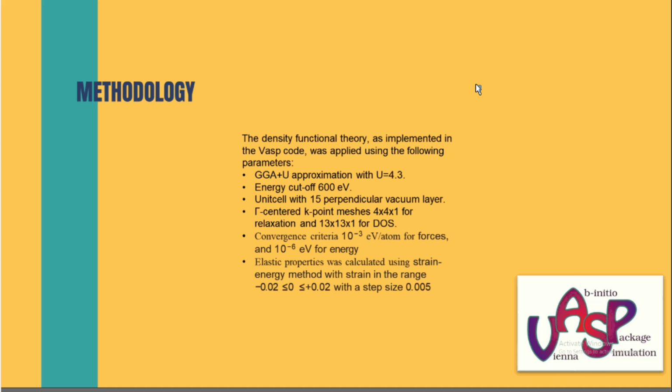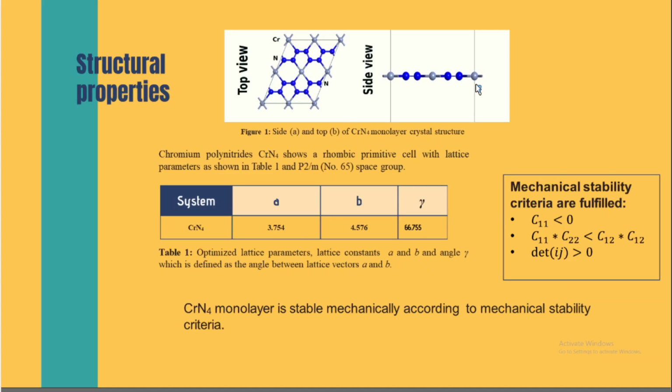Then we move to discuss structural properties. As we can see from figure 1, in the side view at the right, chromonitride is one atom thick and flat like graphene.